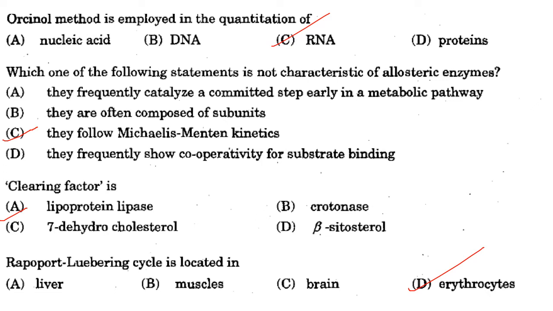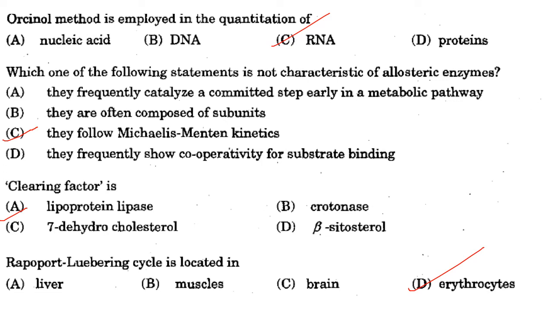Then next one. Rapoport-Luebering cycle is located in the erythrocytes. In this cycle, 1,3-bisphosphoglycerate is converted to 2,3-bisphosphoglycerate by an enzyme bisphosphoglycerate mutase. 2,3-bisphosphoglycerate is then converted into 3-phosphoglycerate by enzyme 2,3-bisphosphoglycerate phosphatase.